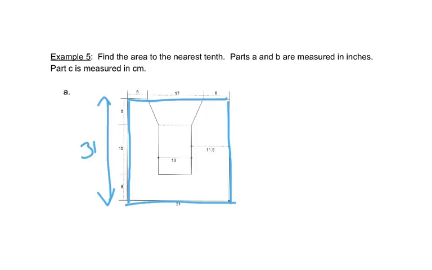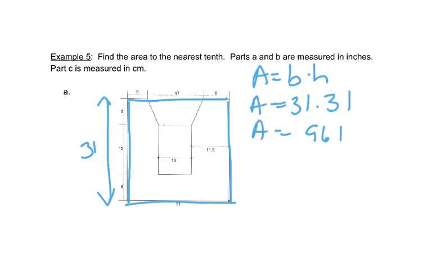This is a square, so the area of a square is base times height, or 31 times 31, or 961 square inches. So that's for the whole thing if there was nothing cut out.